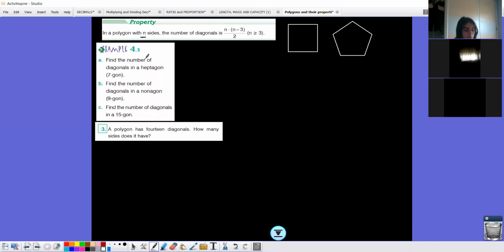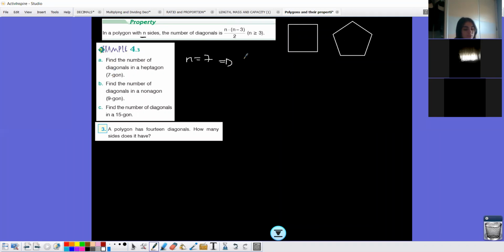What we are doing: find the number of diagonals in a heptagon. Heptagon is a polygon with 7 sides. So n is equal to 7. Find the number of diagonals.